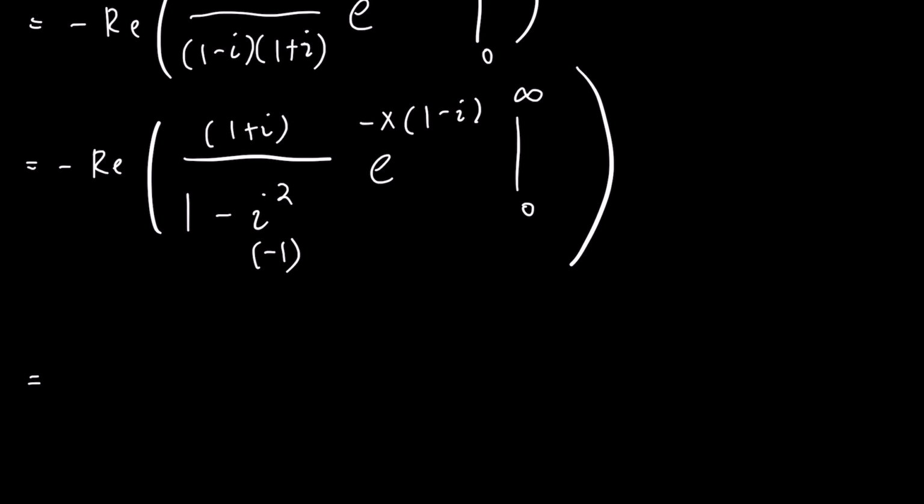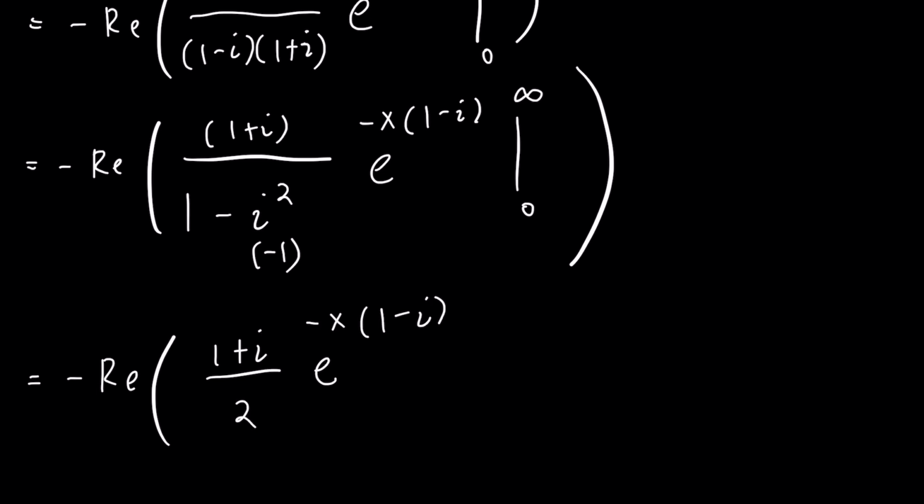So it's equal to minus the real part of 1 plus i over 2 e to the minus x times 1 minus i from 0 to infinity.